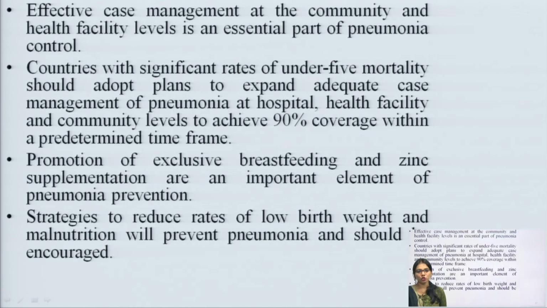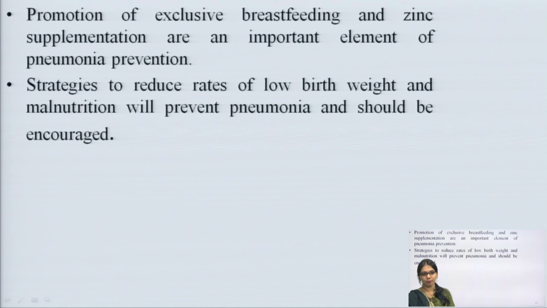Now, the promotion of exclusive breastfeeding and zinc supplements are also important elements of pneumonia prevention. If the person takes zinc supplements, it is a very important element for the prevention of pneumonia. Strategies to reduce the rate of low birth weight and malnutrition will prevent pneumonia and should encourage the patients.